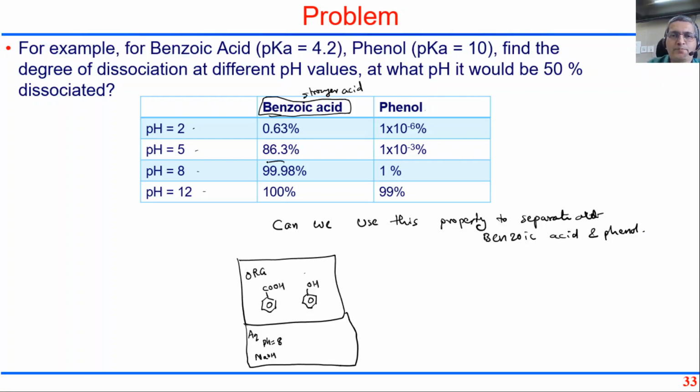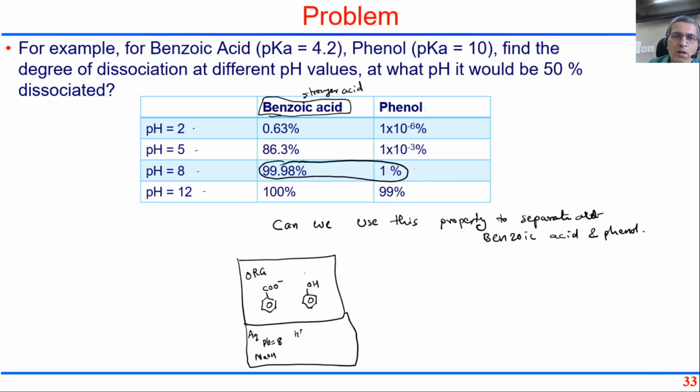Now you see, benzoic acid at this pH would be practically completely dissociated as benzoate ion and H plus ion, isn't it? H plus ion will come into the aqueous phase. Whereas phenol at this pH is practically undissociated.